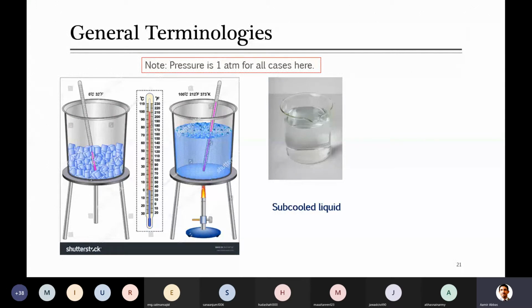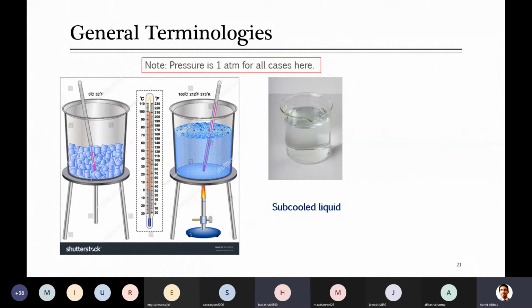Saturation conditions are those conditions at which phase change takes place. For example, here the phase change is from liquid to vapor. When you reach this saturation condition, which we call boiling here, saturation is actually any condition where there is a phase change. So the phase change we are talking about here is from liquid to vapor. When it is converted from liquid to vapor, what are my conditions? For this water at 1 atm, at which temperature should it boil?